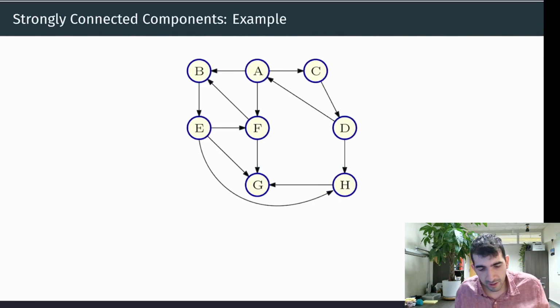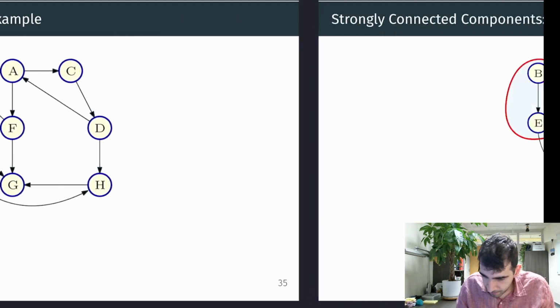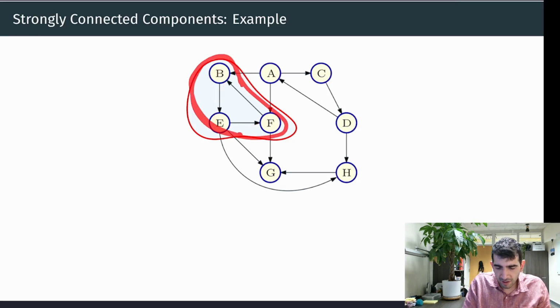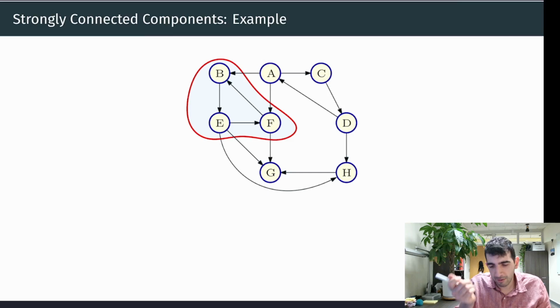So, for instance, in this graph, we have several strongly connected components. Here, we have a strongly connected component that includes B, E, F. That is because B can reach E, and E can reach B. Similarly, E can reach F, and F can reach B, and B could reach F. So all these vertices together are strongly connected.